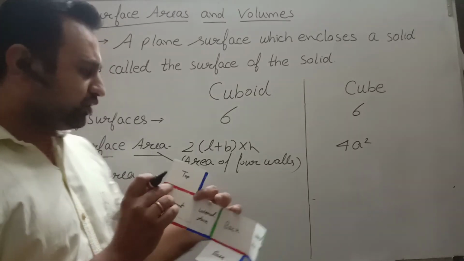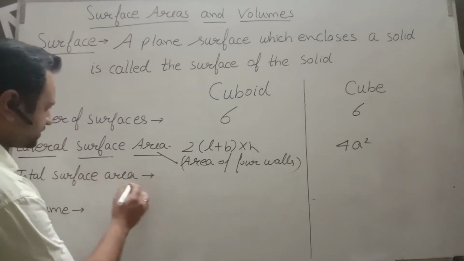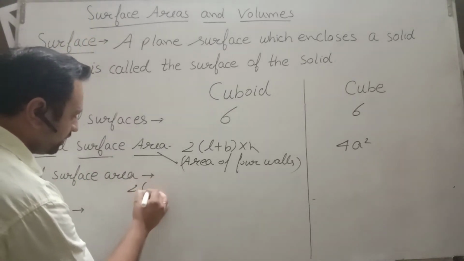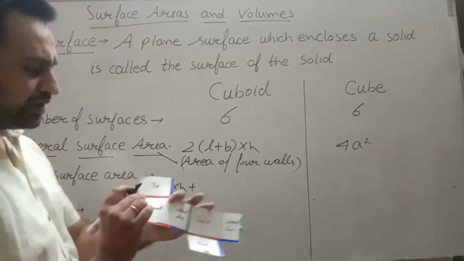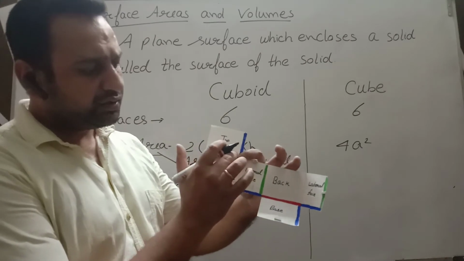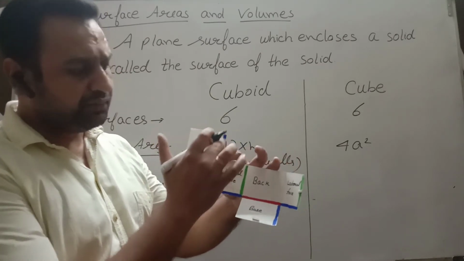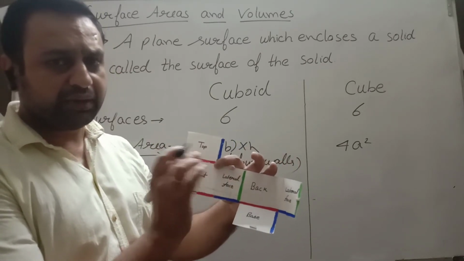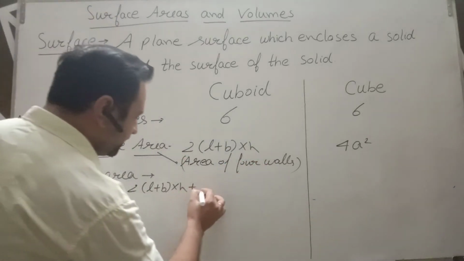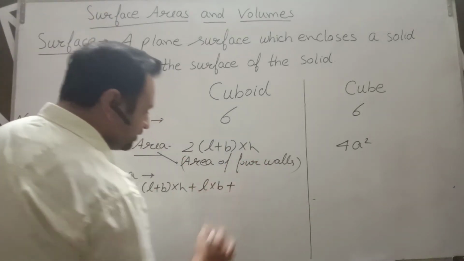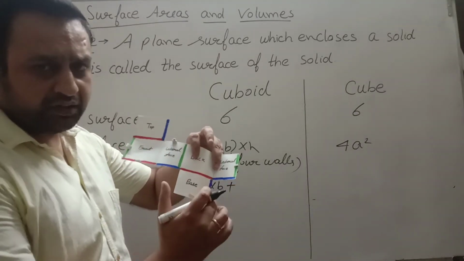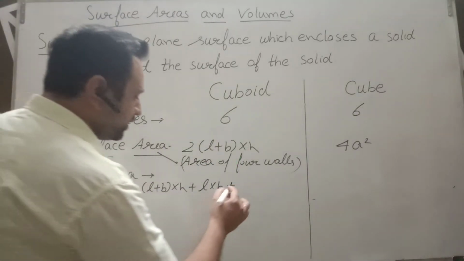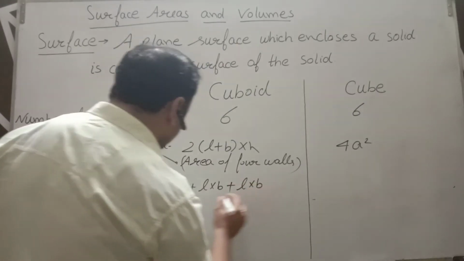Now to discuss total surface area: 2 into l plus b into height, plus area of top. Red indicates length, blue indicates breadth, so l multiply b, plus area of base, length and breadth are indicated, so again l multiply b.